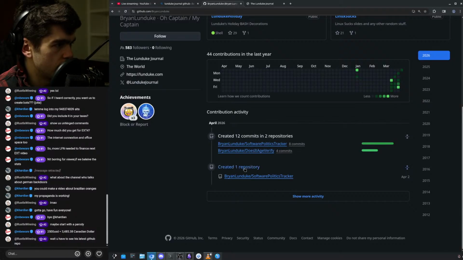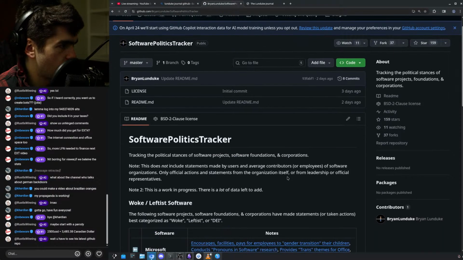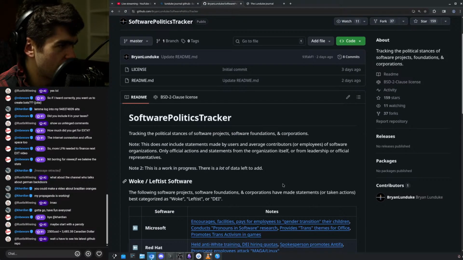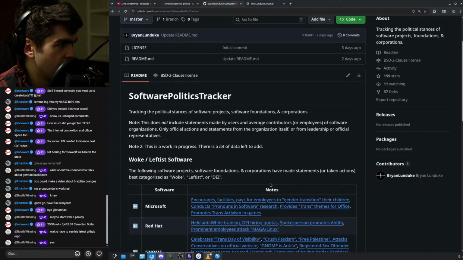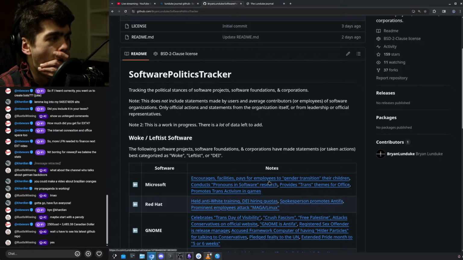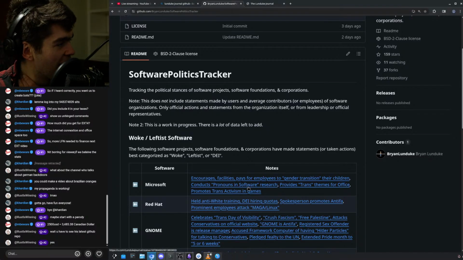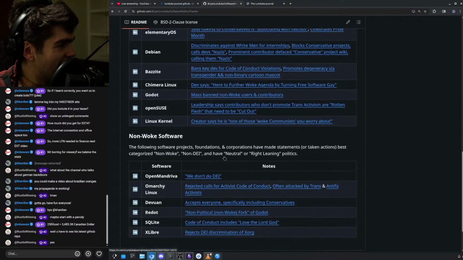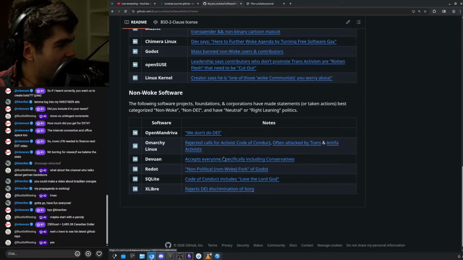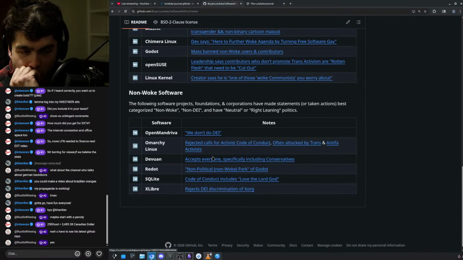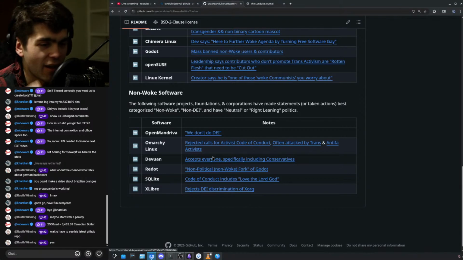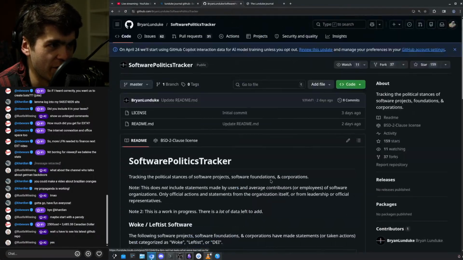Oh no. Which one are you talking about? They both seem ridiculous. Tracking political stance of a political project. Can I be there? Do I push a commit?